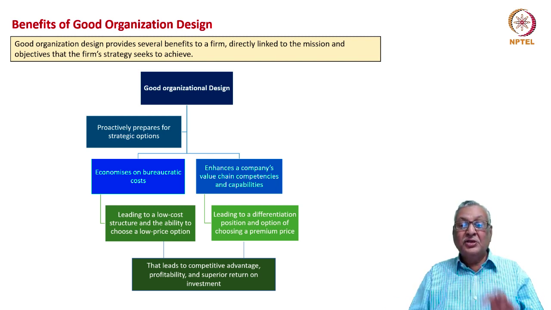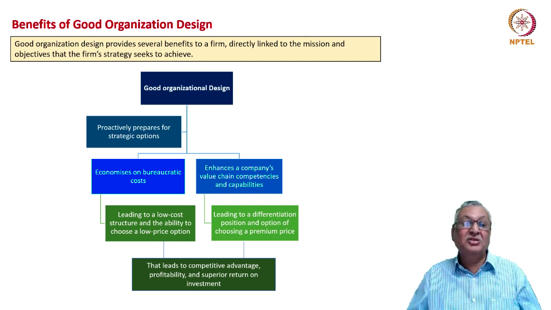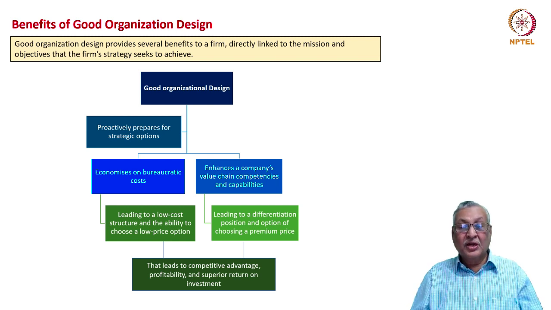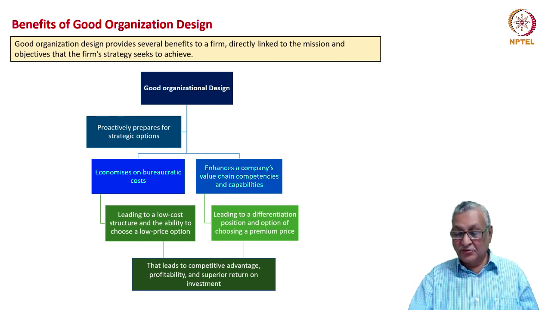So you can see two generic strategies being rolled out because of good organizational design. One, cost leadership. Two, differentiation, because the structure has been designed to accomplish both of these factors. And when these two are combined, it leads to competitive advantage, profitability, and superior return on investment. That is the way a good organization design leads to sustainable competitive advantage for a firm.